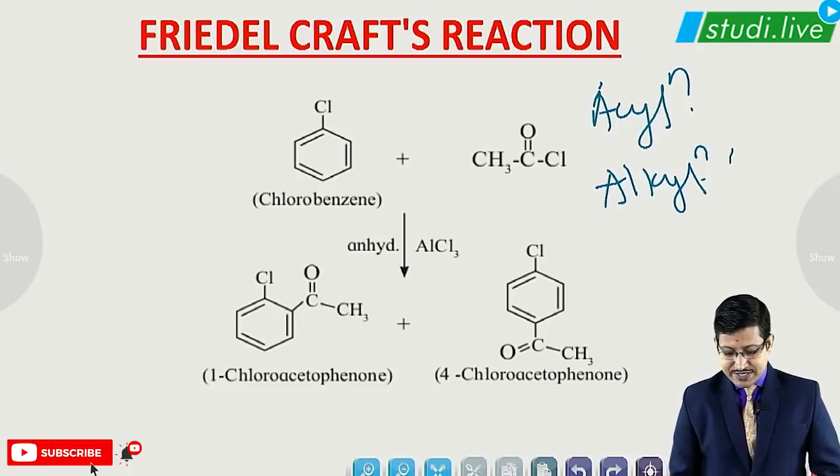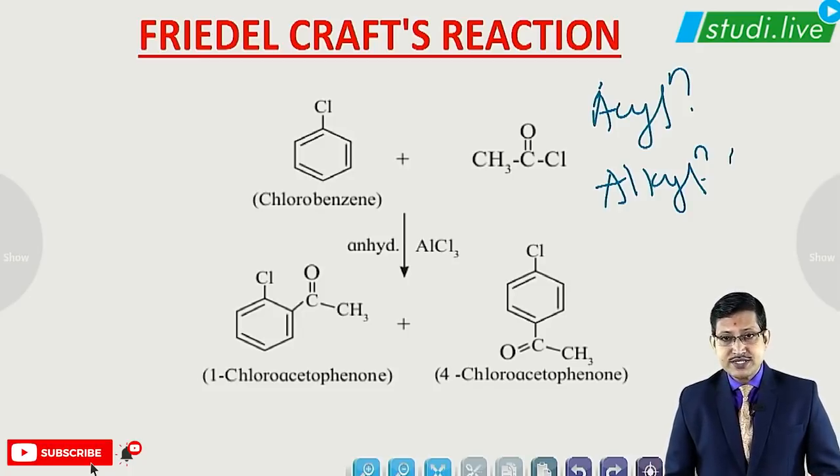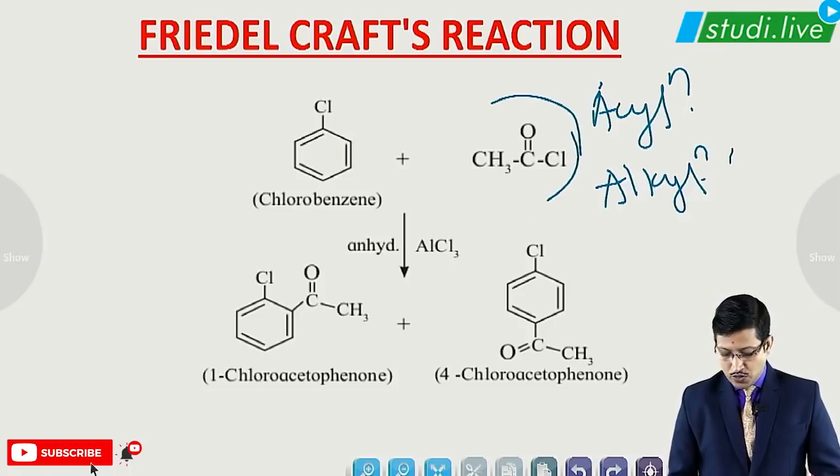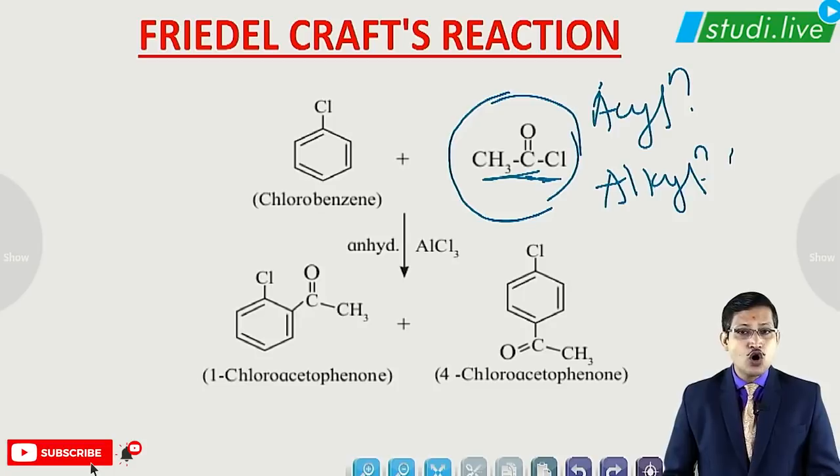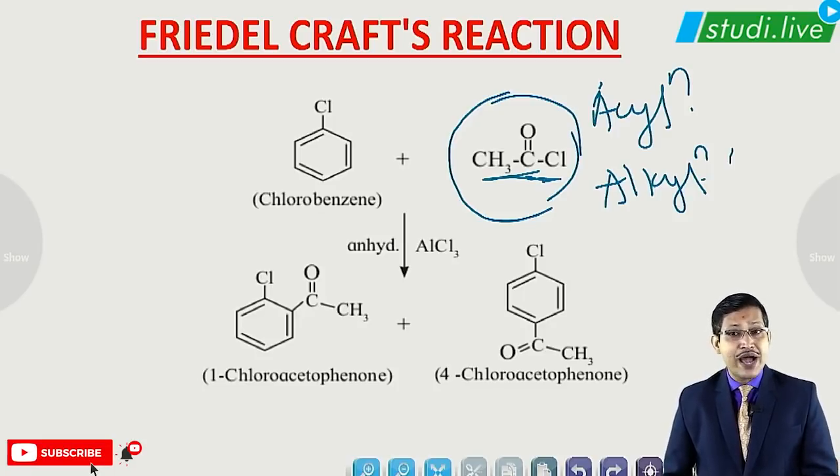Now here this is benzene ring with Cl plus CH3COCl. Now in this CH3COCl, what exactly happens? First step, the COCH3, this portion, will combine at ortho position, and COCH3 will combine at para position.